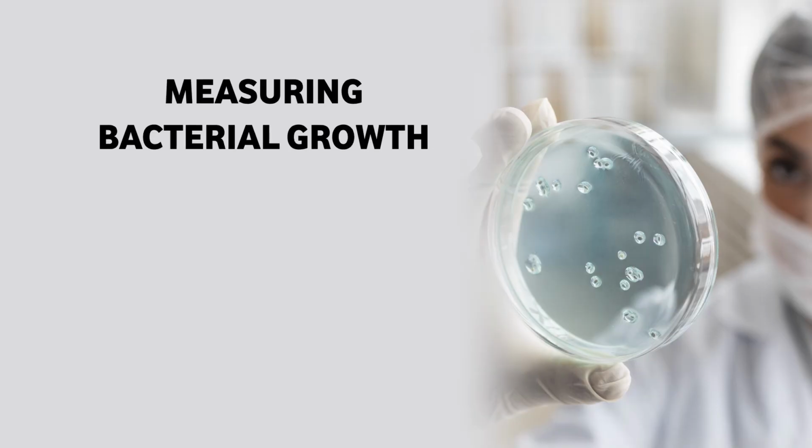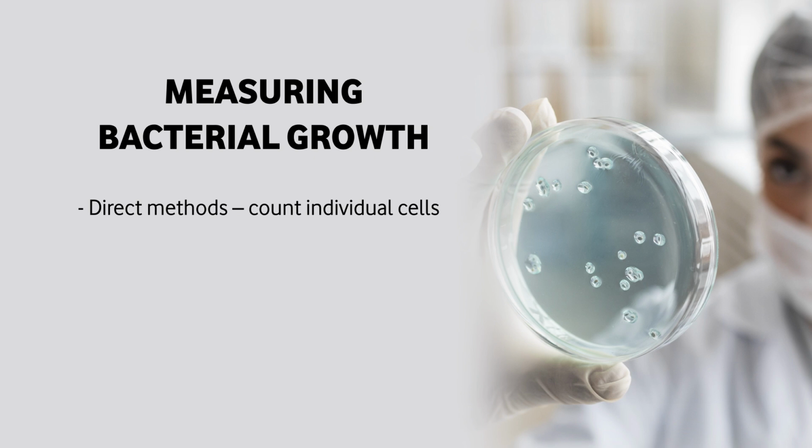Now, how do you measure the bacterial growth? Because if we are talking about growth kinetics and growth curve, that means we need a mathematical expression, we need the data. How do you measure the bacterial growth? In the previous lecture, we talked about two methods of measuring the growth of the bacteria. One was the direct method where you calculate the individual cells either in terms of turbidity or in terms of viable cells.